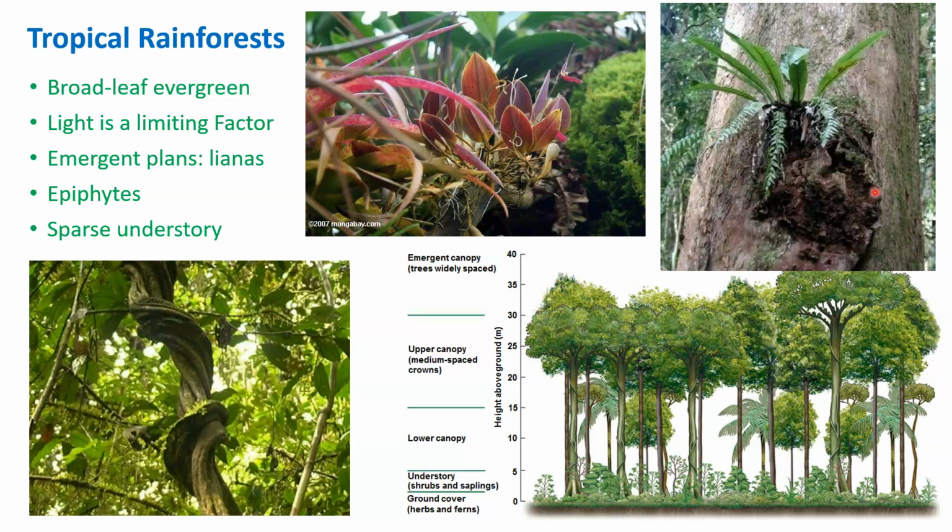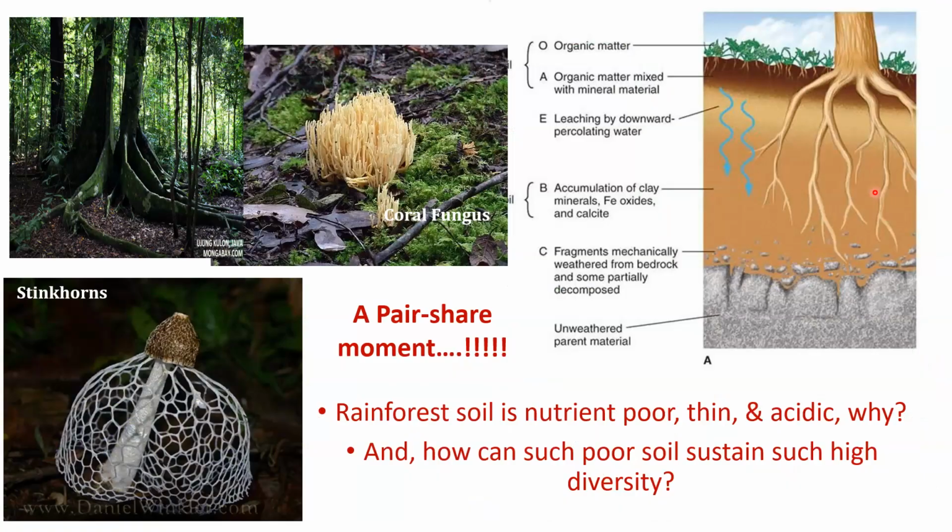Because the sunlight penetration to the forest floor in tropical rainforests is so poor, the understory growth is also very poor, right? You can easily walk through a tropical rainforest floor with very little impedance.